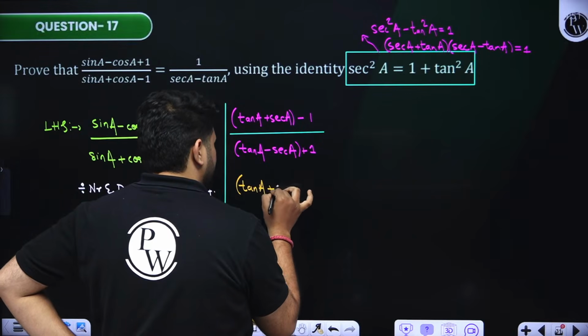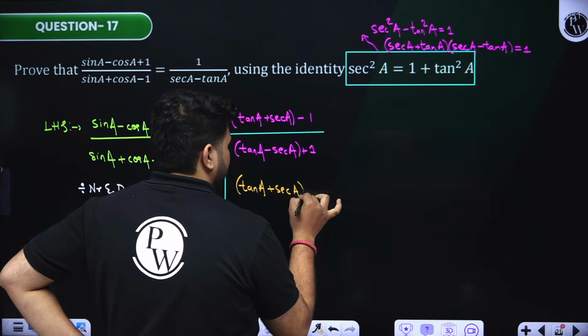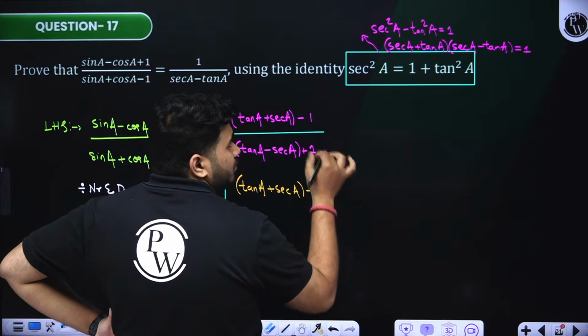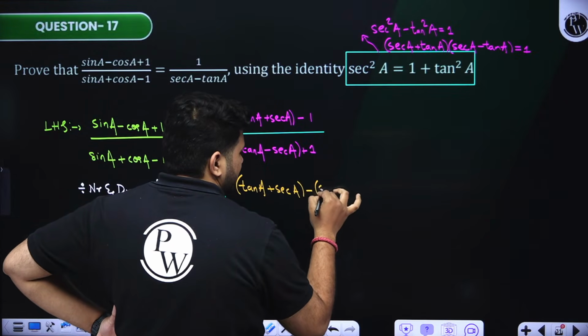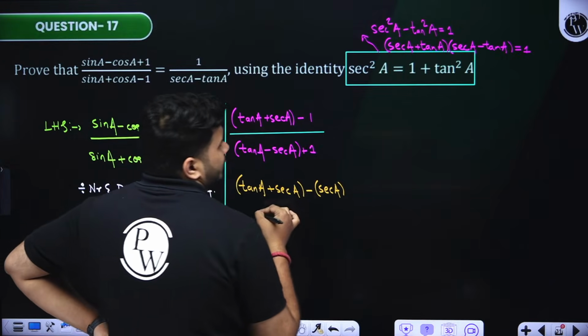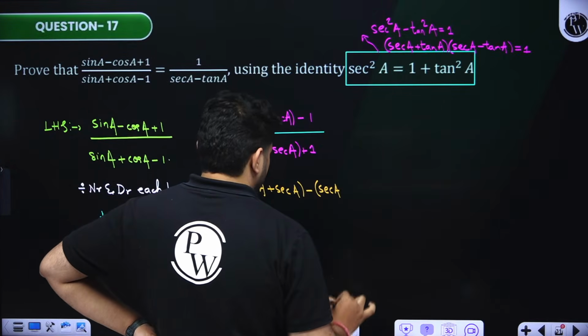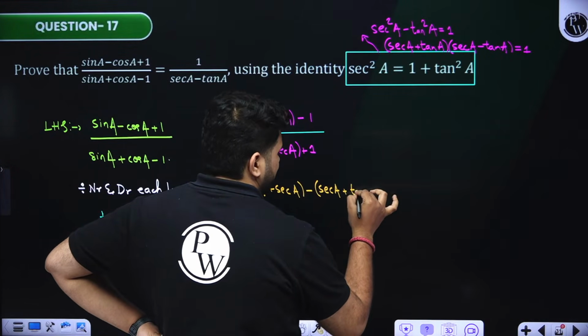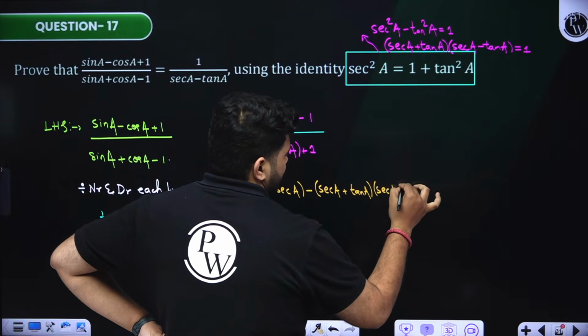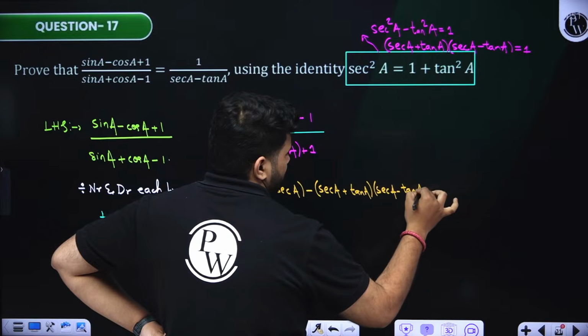So from here, students, tan A plus secant A, let it be as it is, minus here what do we have now? Look here, observe here, at one place can I substitute this and check, secant A, correct? Secant A plus tan A multiplied by secant A minus tan A, this we can substitute over here, correct?